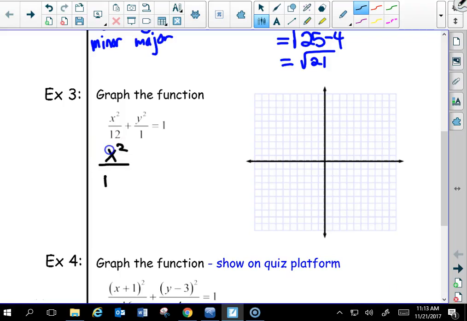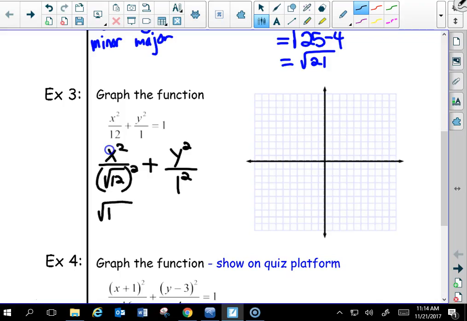12 isn't a perfect square, so I can write it as a square root. And that means that the major axis, because the square root of 12 is definitely bigger than 1, is going to have a decimal number.